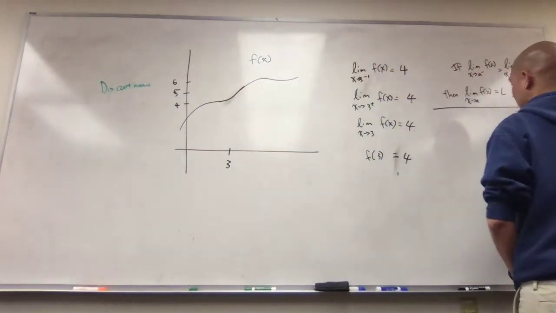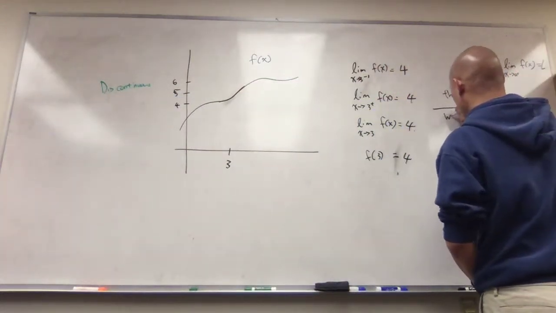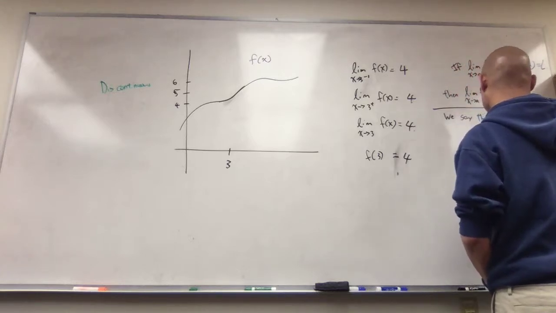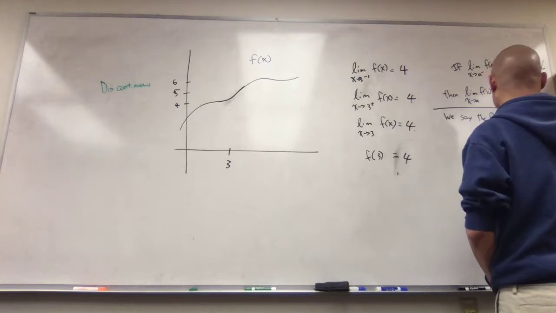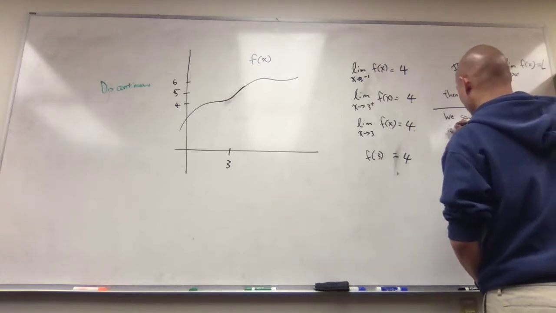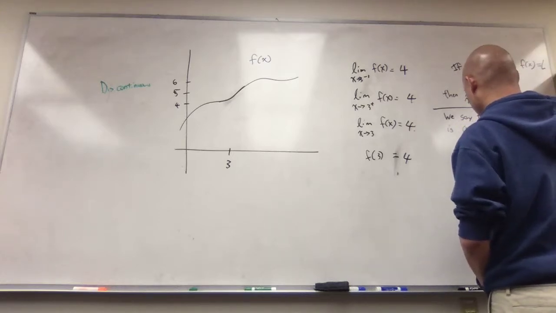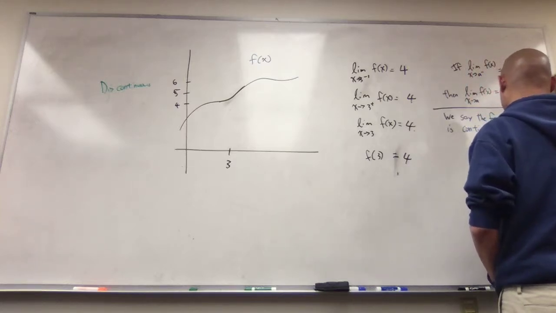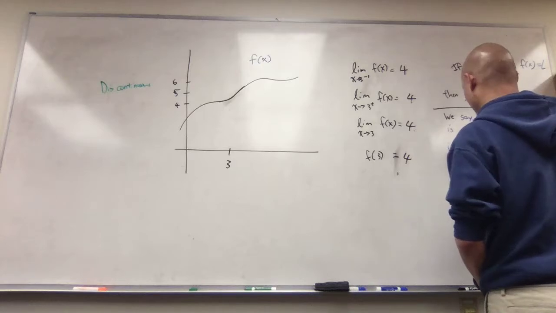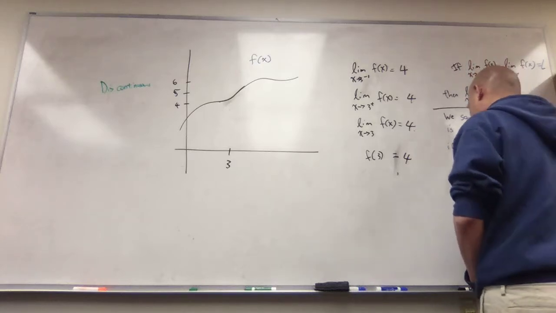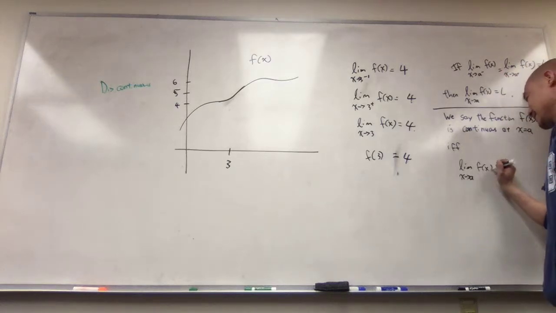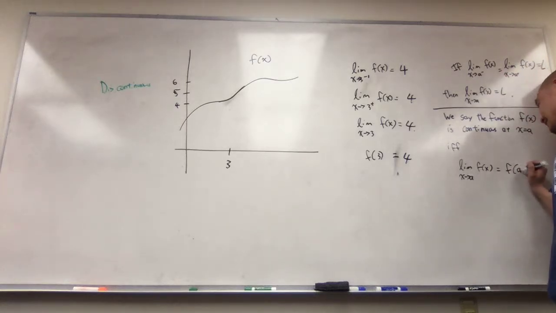Well, at that point, we say the function f of x is continuous at x equals a if and only if the limit as x approaches a of f of x is equal to f of a.